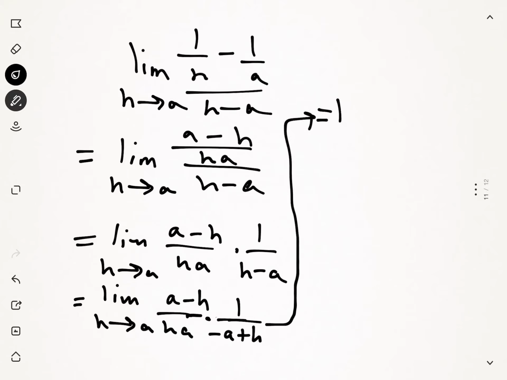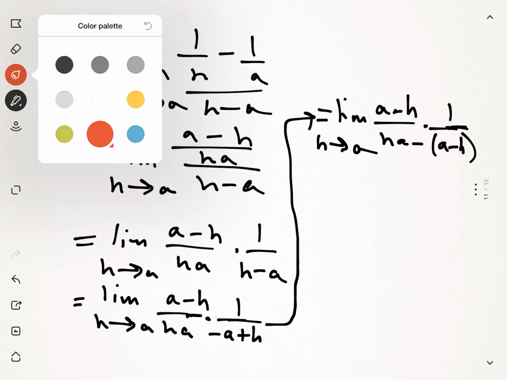So let's factor out the minus sign here in this step. That's going to be a minus h. So now notice that the a minus h can cancel with the a minus h.